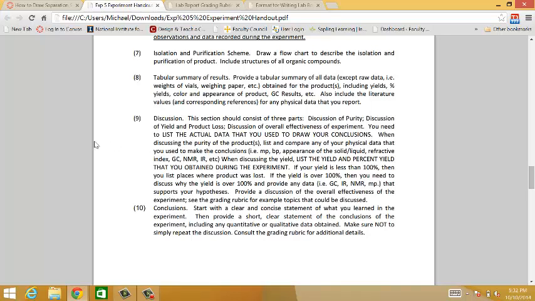So when you're discussing the purity, list and compare any of your physical data that you used to make the conclusions. So don't just say, my melting point was good. Okay, where's your evidence?